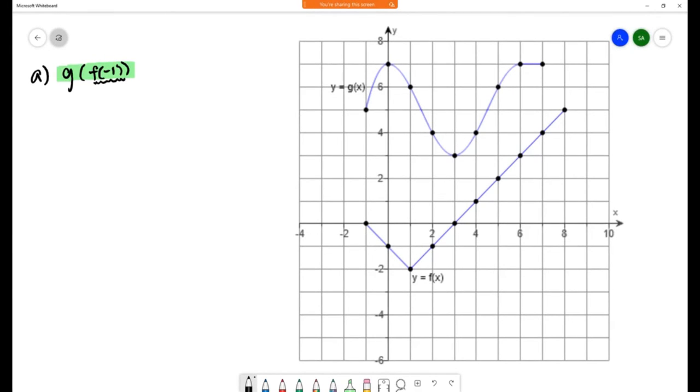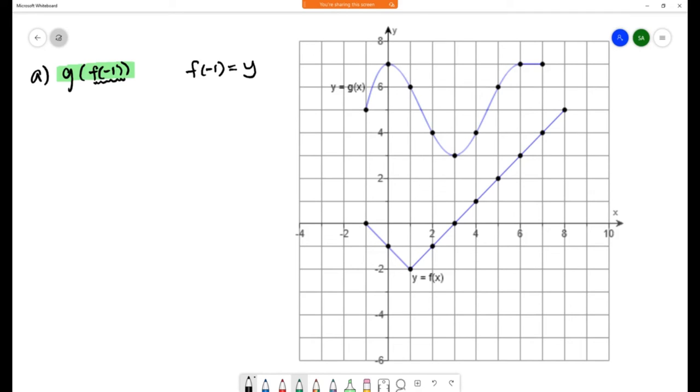When we evaluate this composition of functions, we start on the inside. You can think of it as order of operations. We're going to do the inside first. So we need to know what f of -1 is. This notation is looking for the y coordinate. -1 is the x coordinate, and we're looking for the y coordinate.